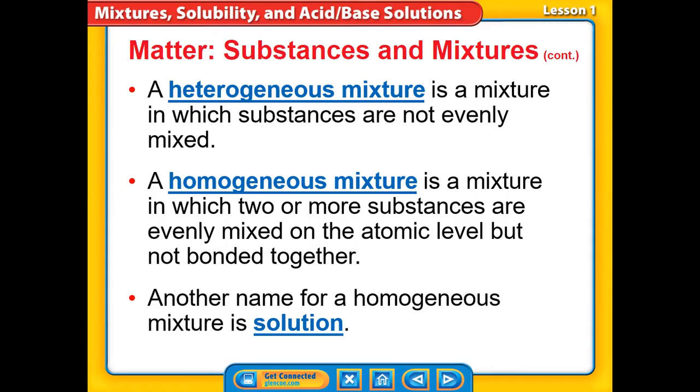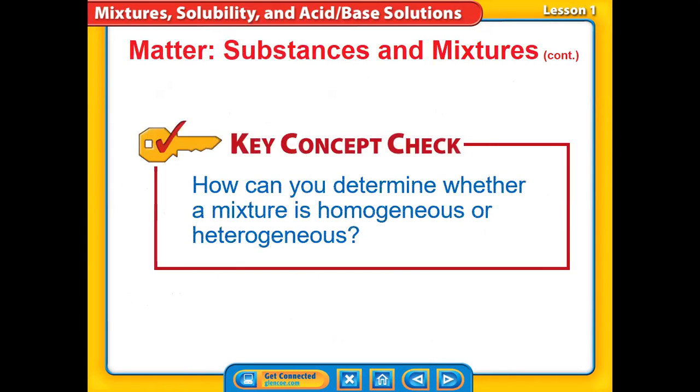A solution is a homogeneous mixture in which a substance is dissolved in another substance. Once a substance dissolves in the other and you cannot distinguish the components, we can call it a homogeneous mixture or solution.